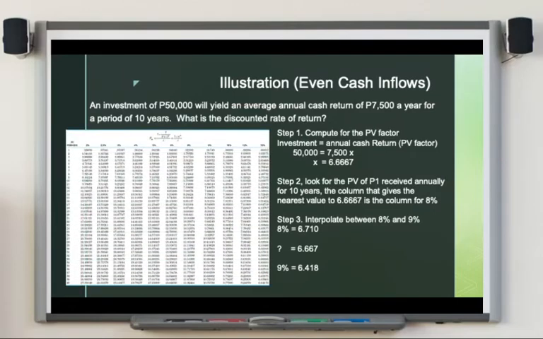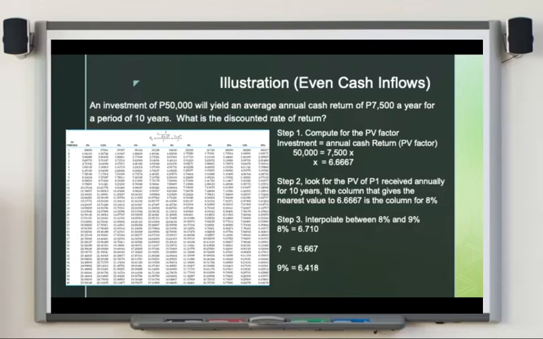And step 2 is actually pertaining to the present value of ordinary annuity table. This might not be too clear to you, but I think this one is also available at the end of your reference. You will be looking for the value of 6.667 on the 10 year row.